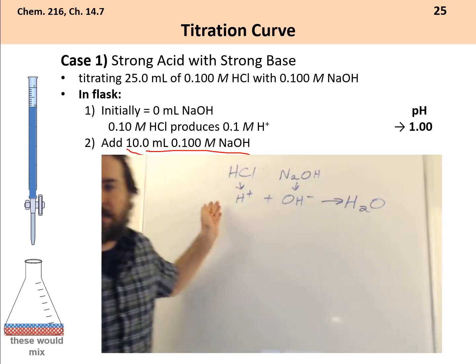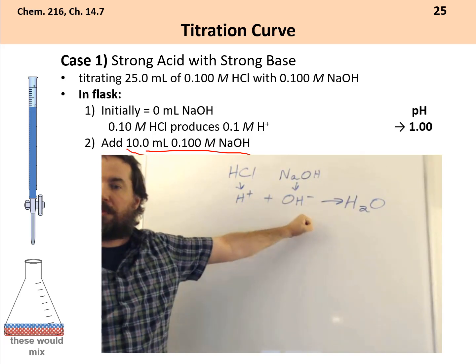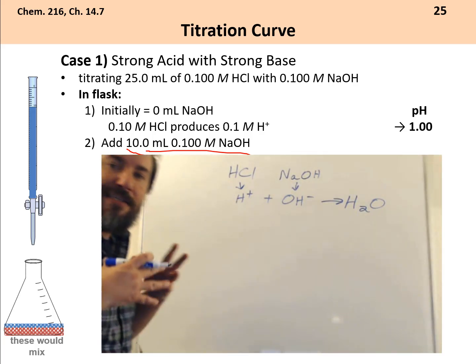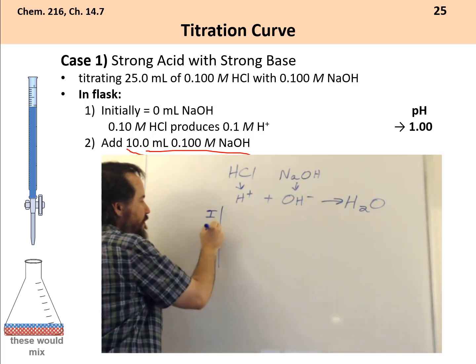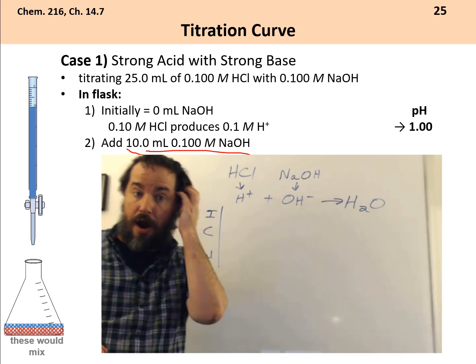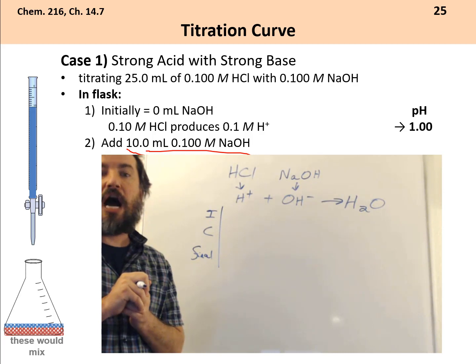This is the reaction that occurs when I take a strong acid and mix it with a strong base. Okay? So what I'm going to do is, similar to what we did for buffers, I'm going to do something kind of like an ice table.